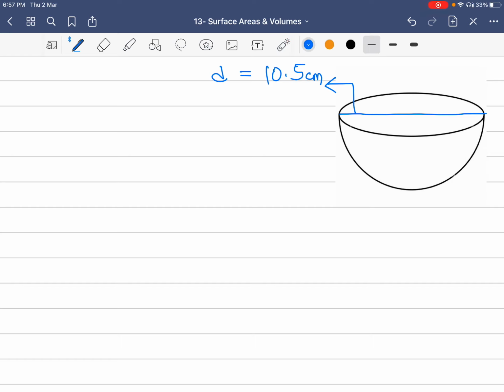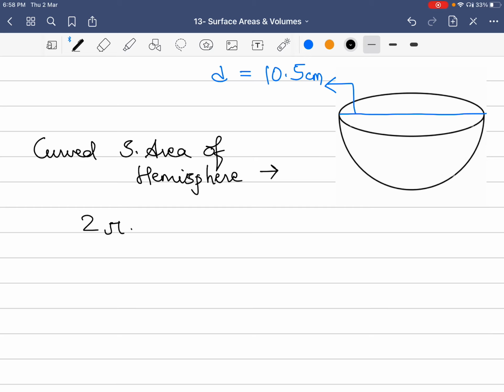Now the formula: curved surface area of hemisphere. We all know the curved surface area of a hemisphere is half the surface area of the sphere, so that is equal to 2 pi r square. All we need is the value of r for any hemisphere to calculate its curved surface area.